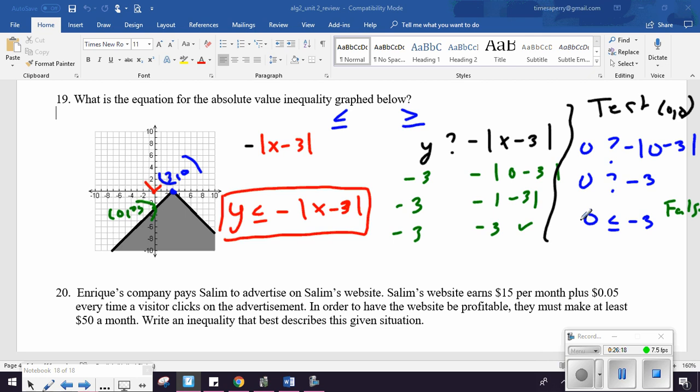Again, we wanted our test point to be false because we didn't shade the area that contained our test point. We shaded every other region. So that's why I had to use less than. I would have used greater than if the 0, 0 point was included in the shading.